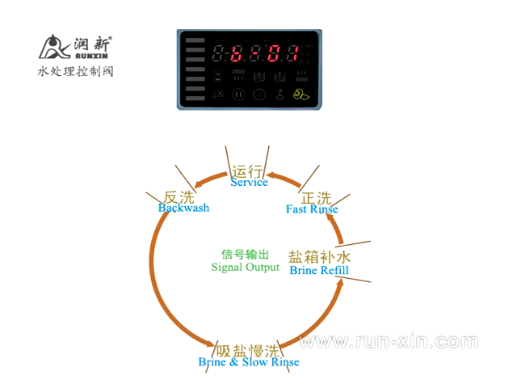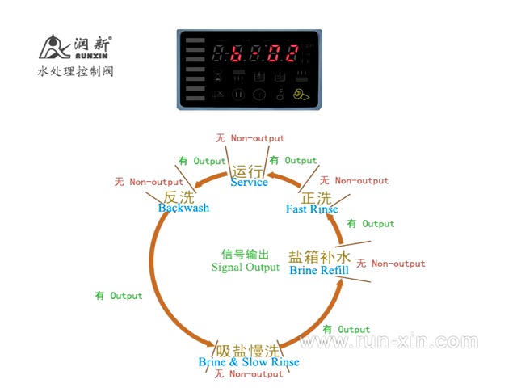In mode BO1, when the system is at service position, there is no signal output, while at other positions there is signal output. In mode BO2, when the system is in a rotating process, there is signal output, while at other positions, no signal output.